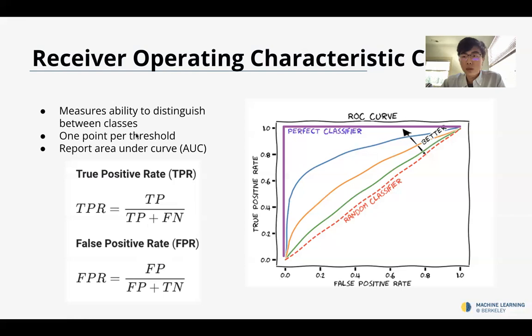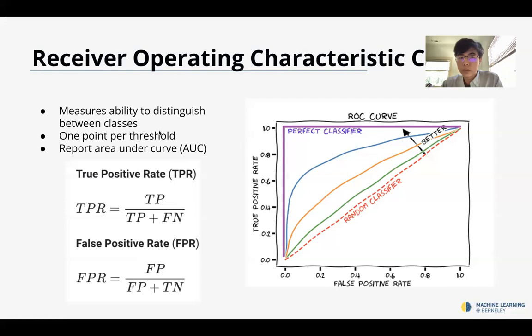So you'll pick one threshold. Let's say your model predicts scores between 0 and 1. You might pick 0.5 as your threshold, and you'll evaluate the TPR and FPR using 0.5 as the threshold. Maybe you get 0.8 as the true positive rate and 0.4 as the false positive rate, and you'll plot a point here. And you'll do this for a bunch of different thresholds, right?